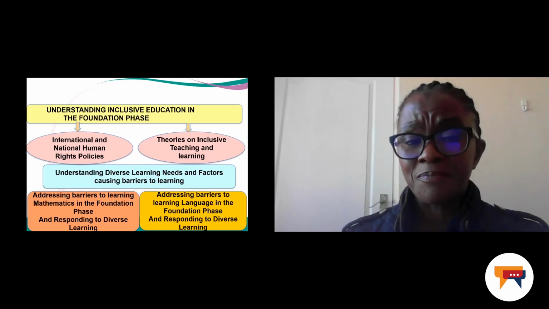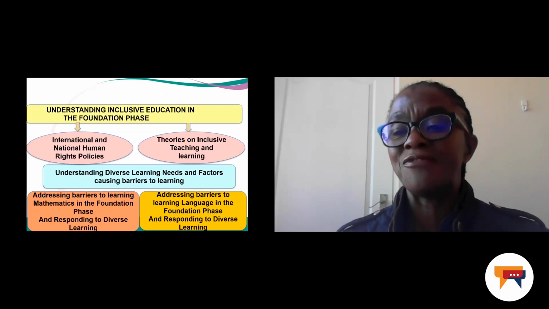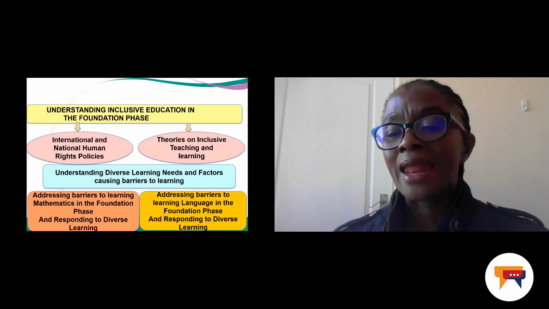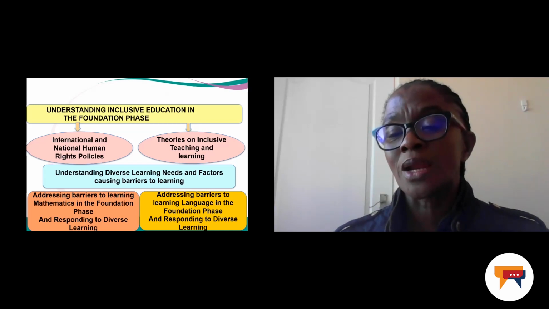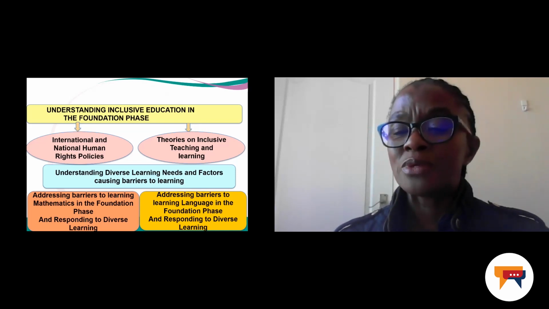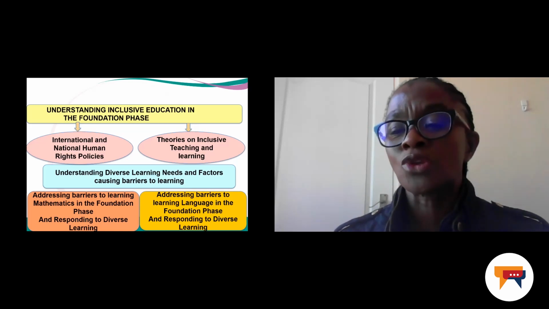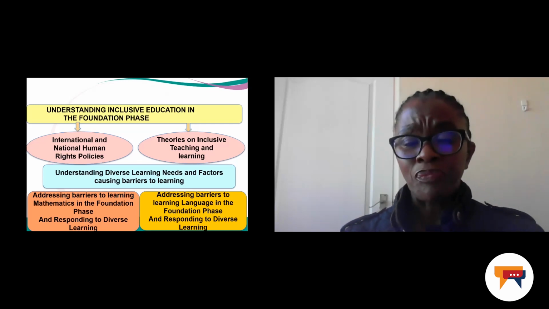And the other aspects that will help us to implement inclusive education effectively is the theories on inclusive teaching and learning. The theories, remember, are a lens at how we want to see things happen. So these theories will guide us to come up with different strategies, or differentiate our curriculum, our methods, our resources, so that we can be able to provide support and address diverse barriers to learning.